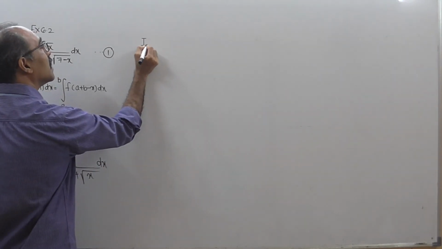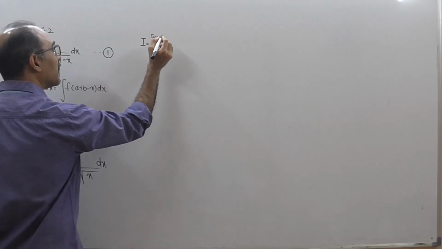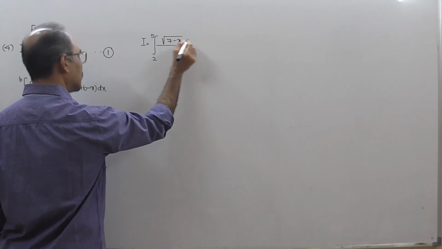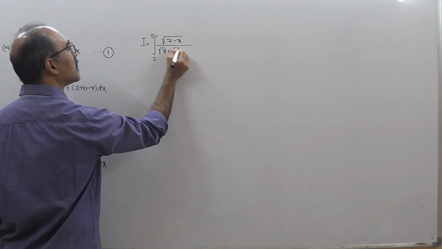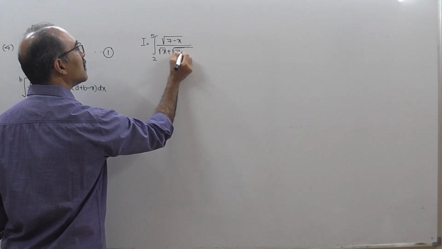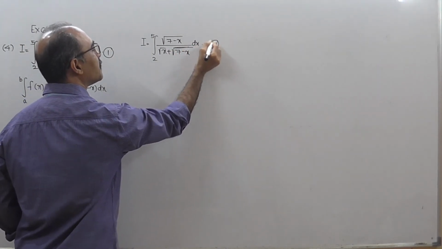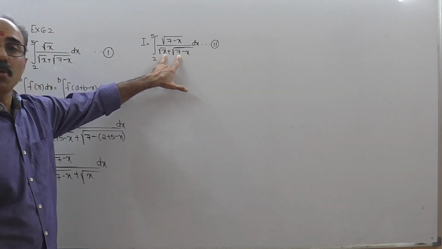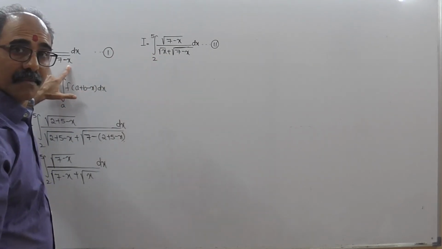So I get I equal to integration 2 to 5 root of 7 minus x upon root x plus root of 7 minus x and dx. इसको 2 देना. अभी ये solve करने के बाद चेक करो कि 2 का denominator, whatever answer you have got, is same as the question.